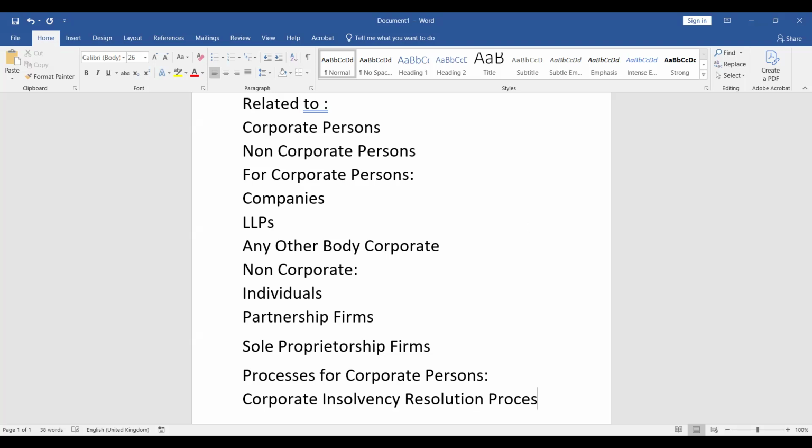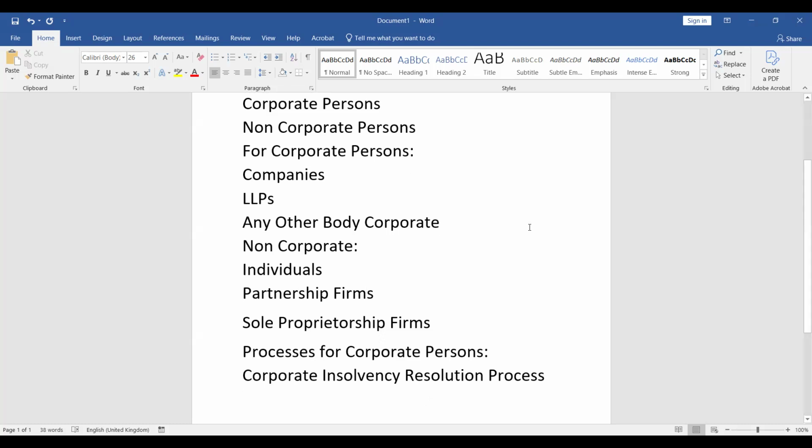So this is the first process whereby the corporate person, the company or LLP or any other body corporate which is facing insolvency related issues, there will be a process called CIRP, corporate insolvency resolution process, whereby an insolvency professional shall be appointed and it will try for a resolution of this corporate.